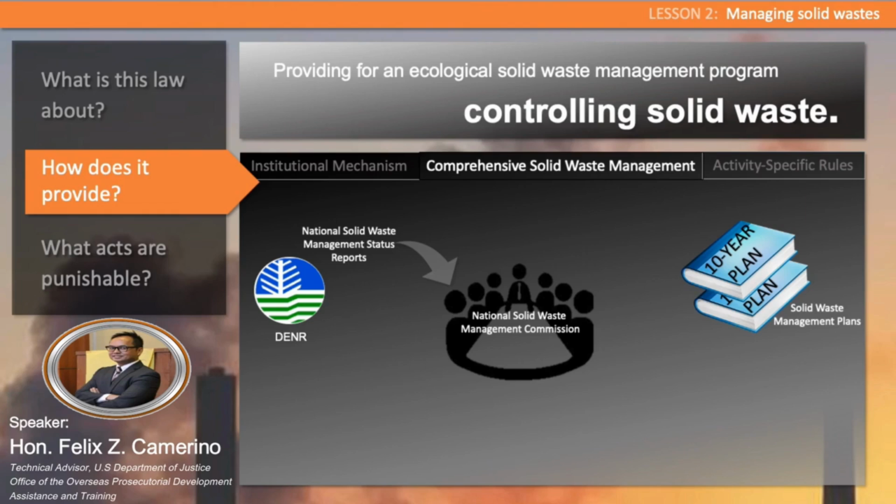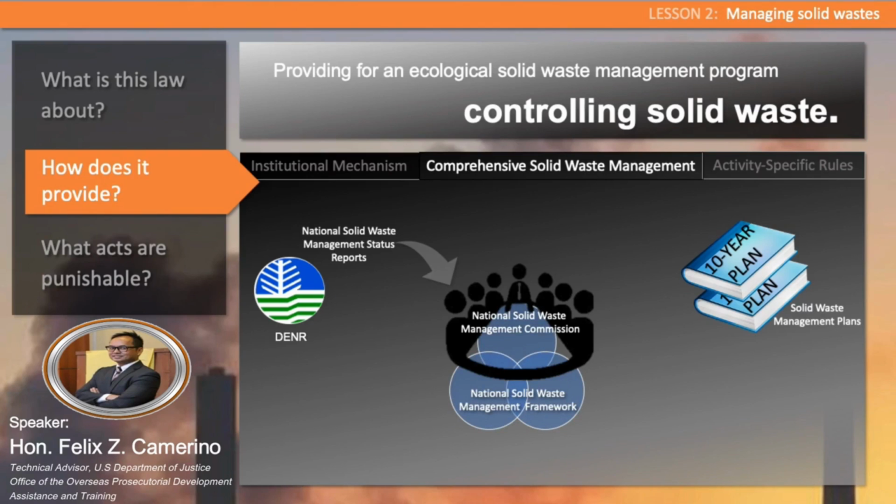Okay, so with this commission being the way it is, they're in the best position to actually develop that framework. And of course, they're not gonna just base their decisions on their own personal area of expertise. They have to base it on something specific to this topic, and that's where the status reports of DENR come into play. So taking that all together, collectively, they are able to put together the National Solid Waste Management Framework.